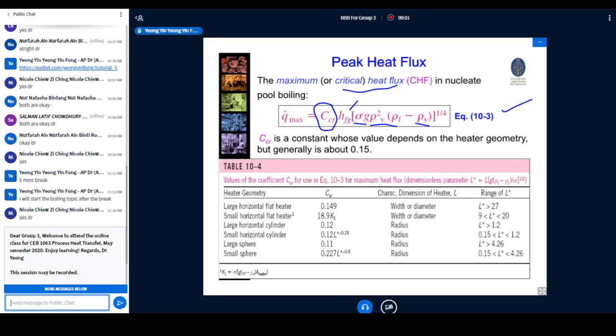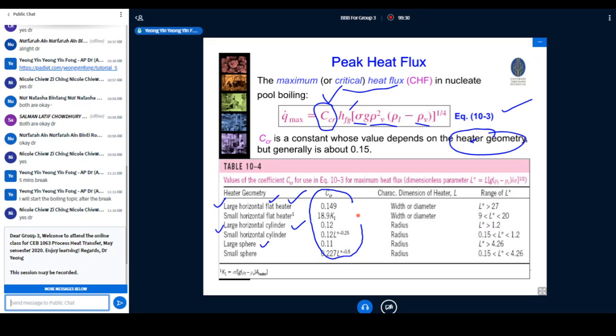So heaters, there are many types. Whether it's horizontal or a spherical heater, whether it's a flat one or cylinder type, whether it's a small one or large one. There are different CCR values over here, and you do not know which one to pick up.